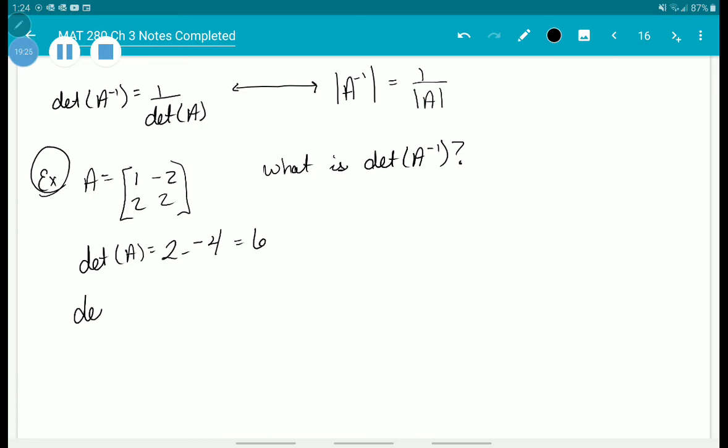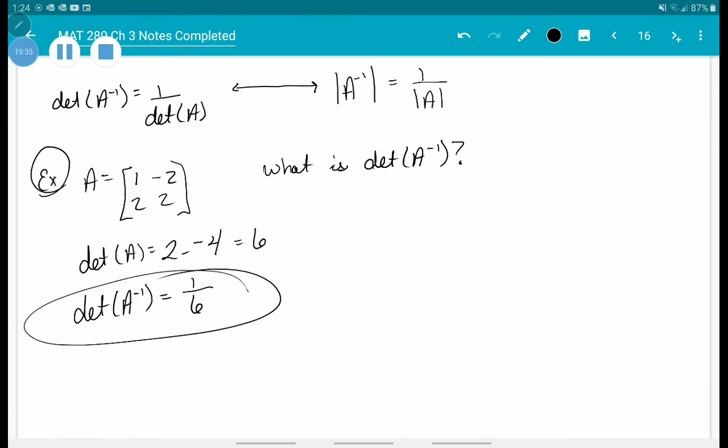So that means the determinant of A inverse must be 1 over the determinant of A, which must be 1 over 6. So we can find that determinant without ever finding the inverse. Now, another thing we know is that because that determinant of A was something other than 0, this is a non-singular matrix. And what that means is it guarantees this guy is invertible. So there's an inverse that exists here.